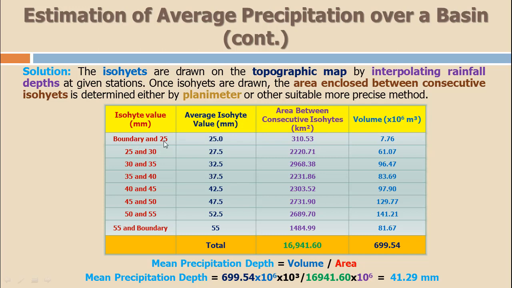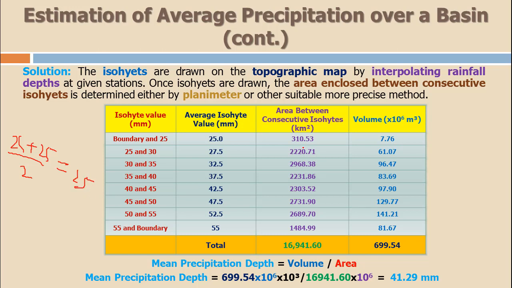So 25 and 25, the average of 25 and 25, 25 plus 25 divided by 2, will also be 25.